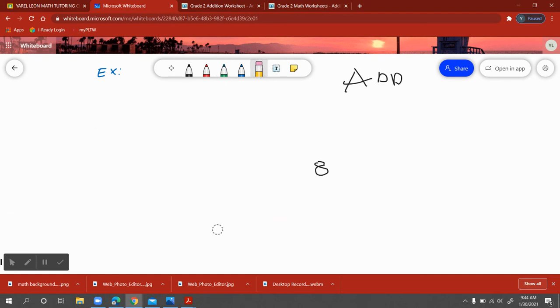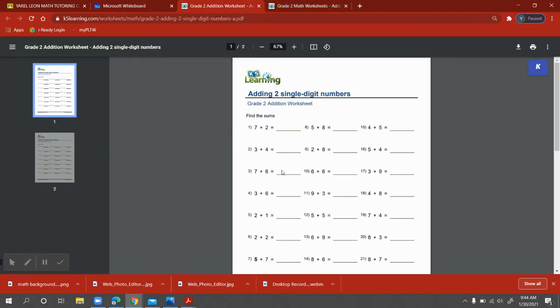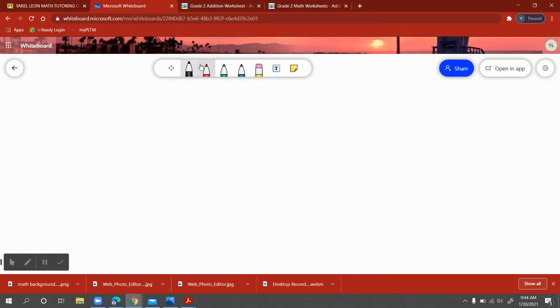Last one, number 10. Okay, this is a little tricky. Are you ready? Yes, let's go. 6 plus 6 equals. Well, if you know multiplication, you can do 6 times 2, which no one in this grade should know yet.